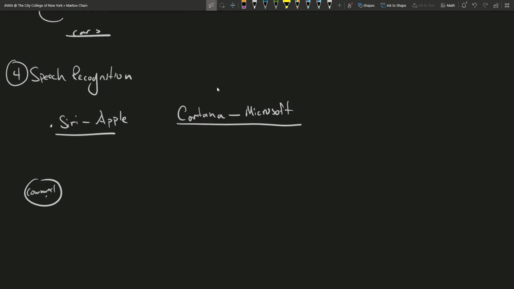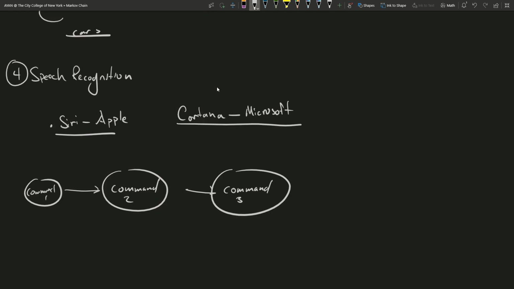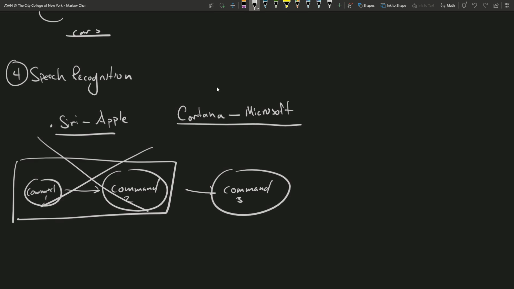So suppose you give it a chain of commands. Command 2, command 3. What do you think will happen? Do you think the AI will execute all three commands one after another? No, wrong. The previous two commands get cancelled out. The AI only executes the latest command it was given.